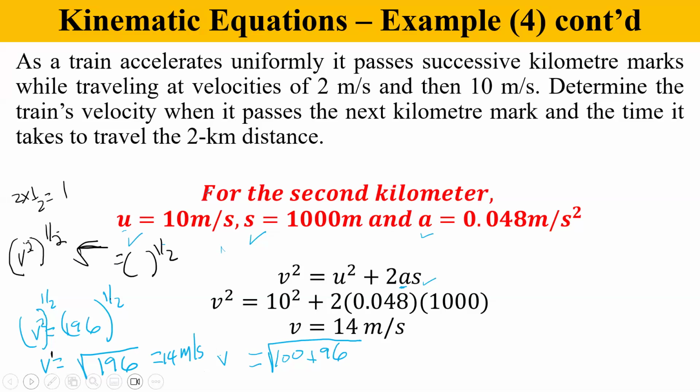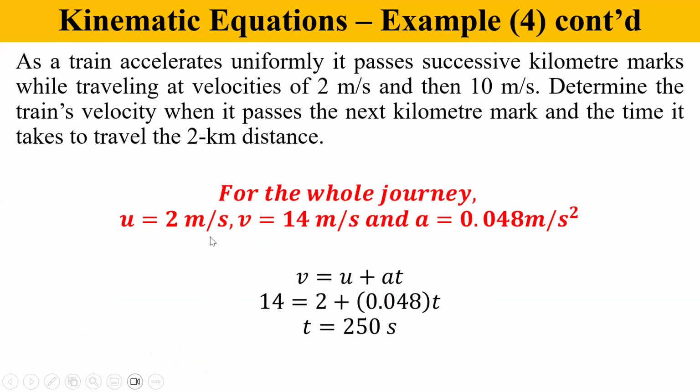All right. So we move on. Then it says now for the whole journey, right? Because we still need to consider the whole journey. We want the time to cover the whole journey. So we remember the initial velocity was that. We got the final velocity as 14. We have the acceleration.